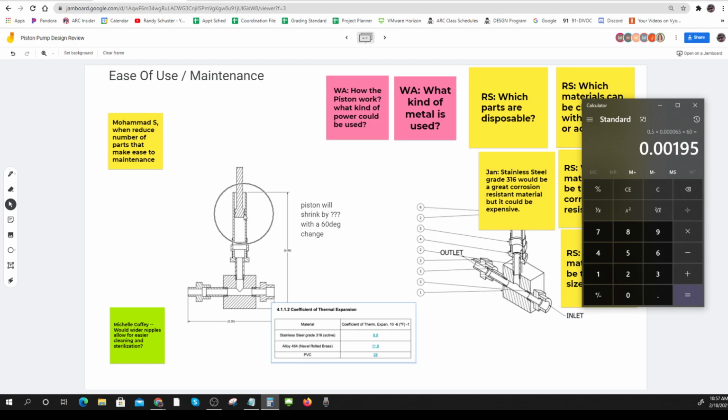Will 2 thousandths of an inch change make that thing seal better or worse? Or become too hard to push or pull? Somebody look up those limits on an O-ring. What was kind of the range for the O-ring?